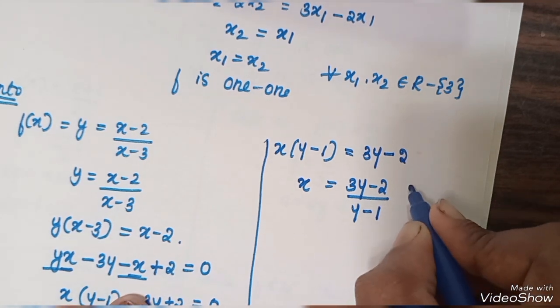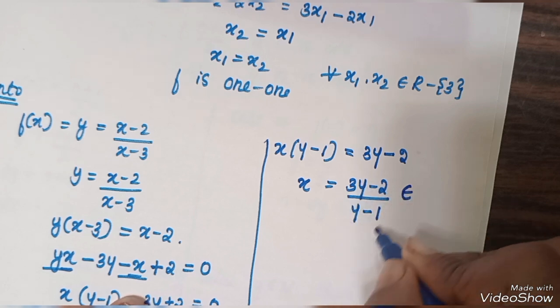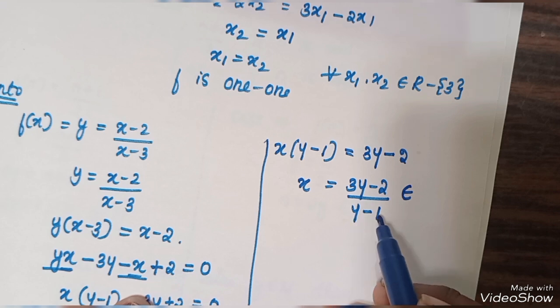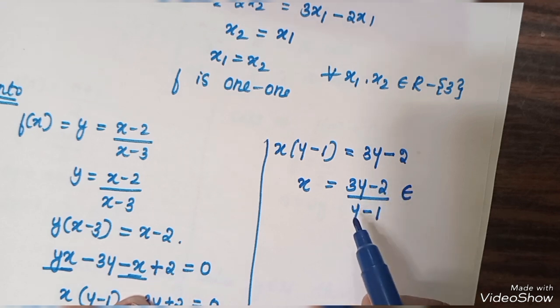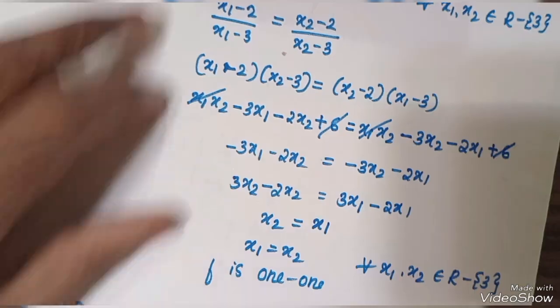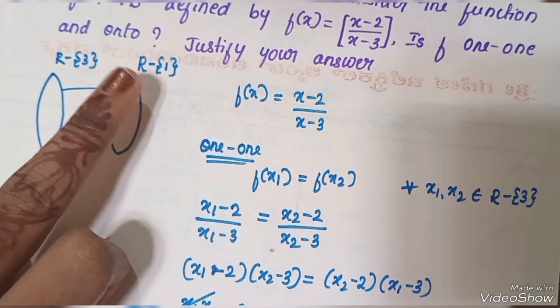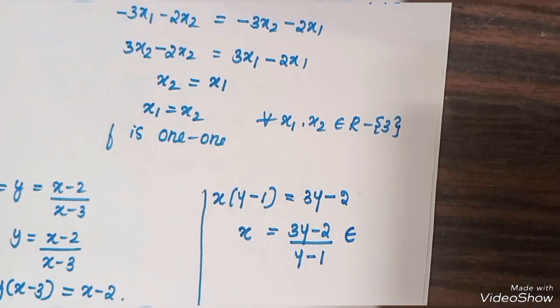Whatever the values taken here, we get the real number. If for example y is taken as 1, 1 minus 1 is 0, we can't define the function. That's why they have given R minus 1 here. Other than 1, we get the values.